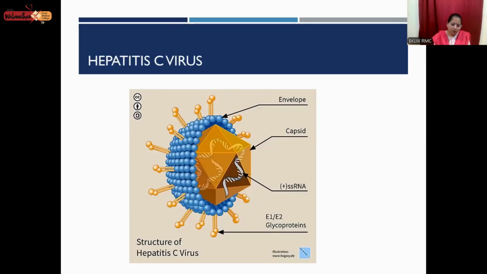NS5A inhibitors are daclatasvir, ledipasvir, ombitasvir, elbasvir, velpatasvir, and pibrentasvir. NS5B nucleotide polymerase inhibitors include sofosbuvir, and NS5B non-nucleoside polymerase inhibitors are dasabuvir and beclabuvir. These are the different antiviral drugs effective as non-structural protein inhibitors.